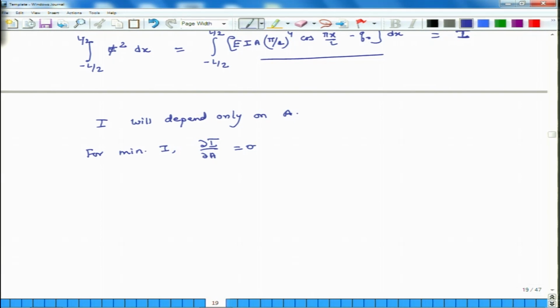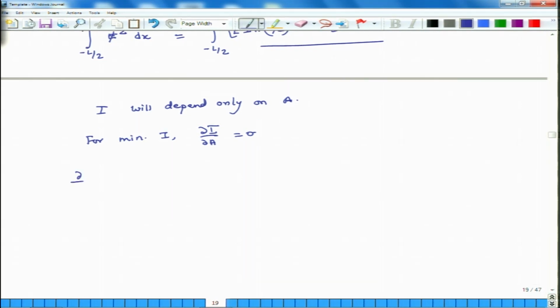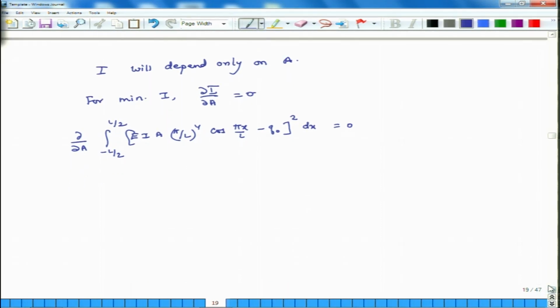If I have to minimize I, then this integral has to be 0, and because this involves only A, I can move this derivative inside the integral. If it was involving x and other things, then I cannot do that, but here I can.